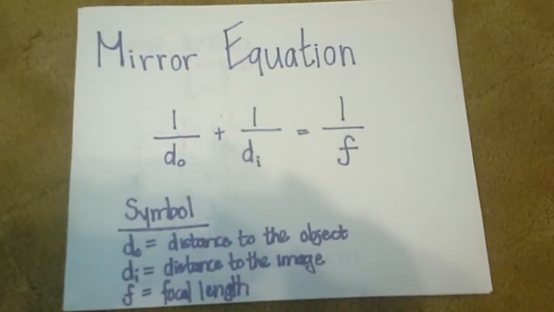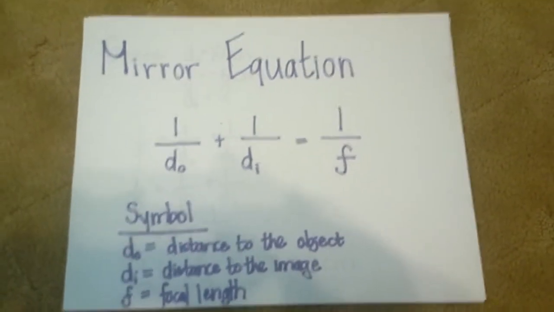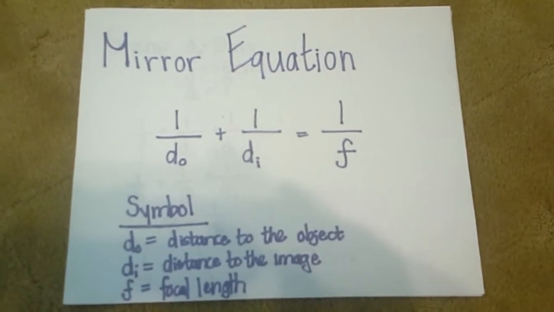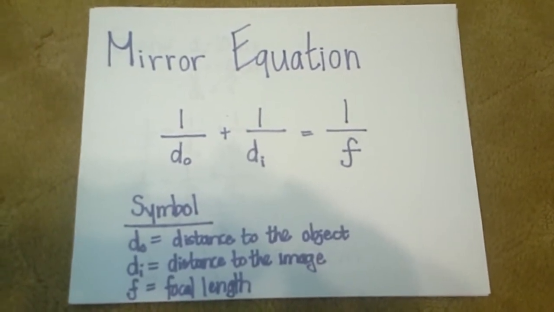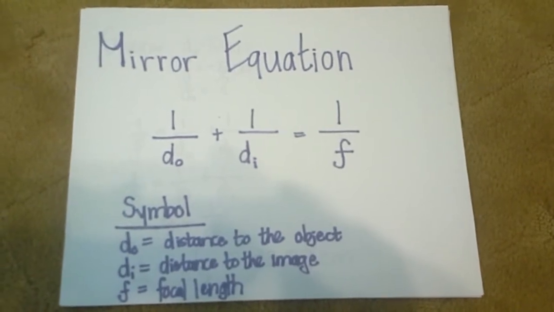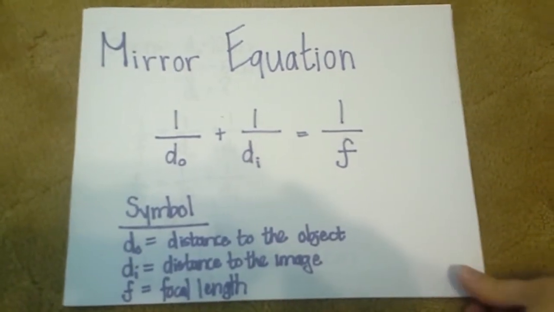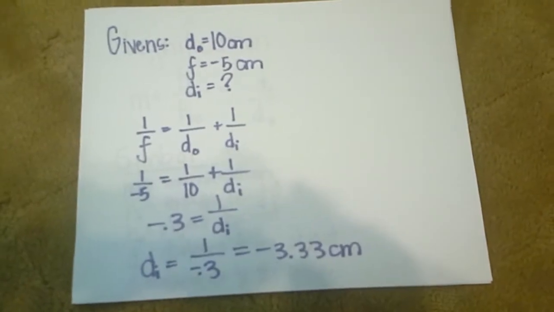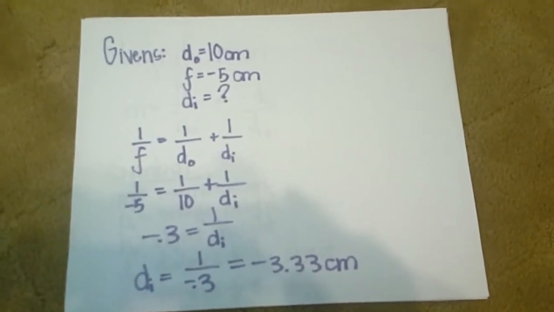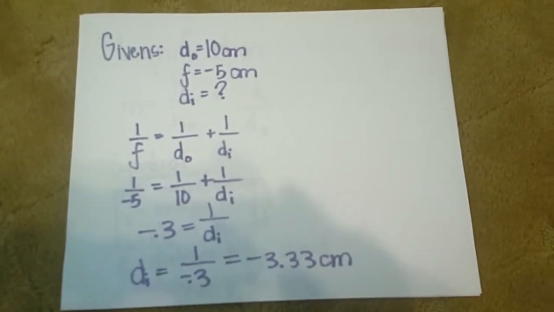The next task is to find the location of the image, which we can do using the mirror equation 1/do plus 1/di equals 1/f, where do is the distance to the object, di is the distance to the image, and f is the focal length. We know from the problem do equals 10 centimeters and f equals -5 centimeters, and we are looking for di.